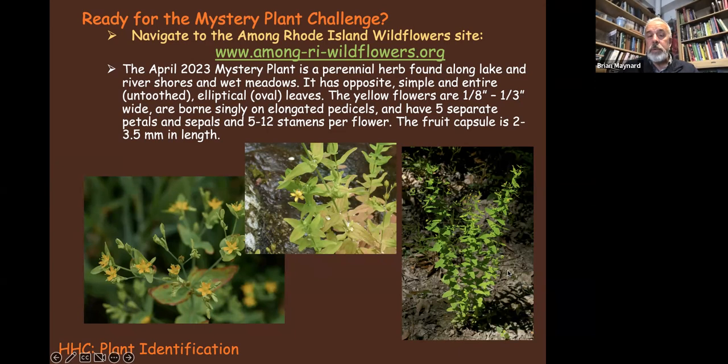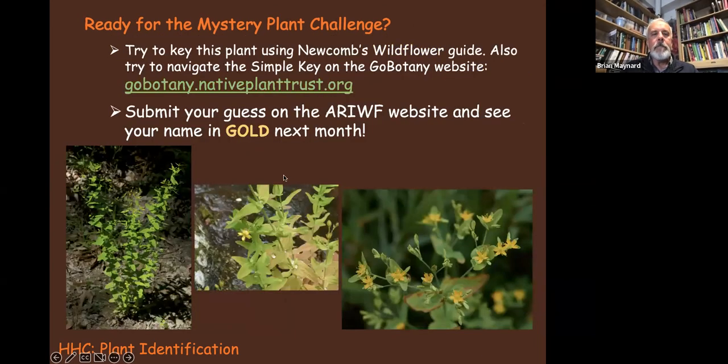What I would urge you to do is to use what you've learned from Newcombs and try to key this plant out in Newcombs. It is in Newcombs. Also try to key this plant out in Go Botany. You can find the Go Botany website at this web address. It has on the site a simple key. It also has a full key and a dichotomous key, but the simple key is a good place to start.